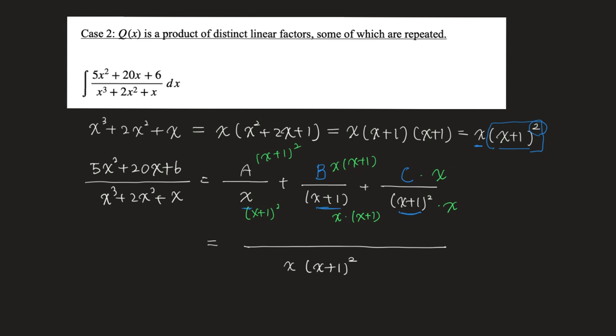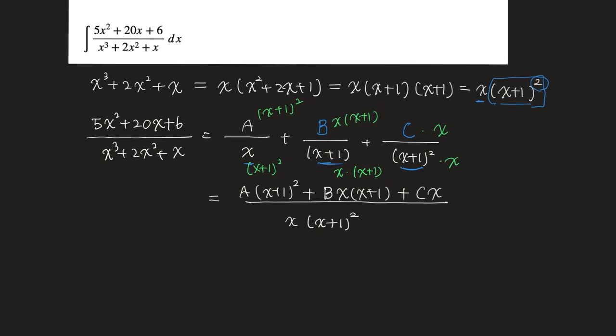Now you put on the top A(x + 1) squared plus Bx(x + 1) plus Cx. The left side and right side are the same, so 5x squared plus 20x plus 6 equals A(x + 1) squared plus Bx(x + 1) plus Cx.